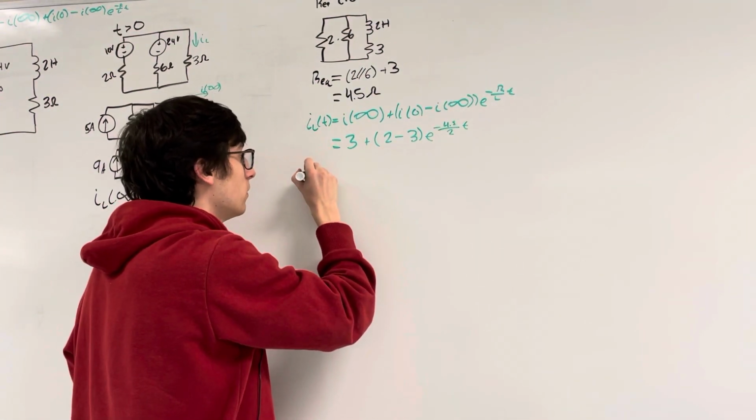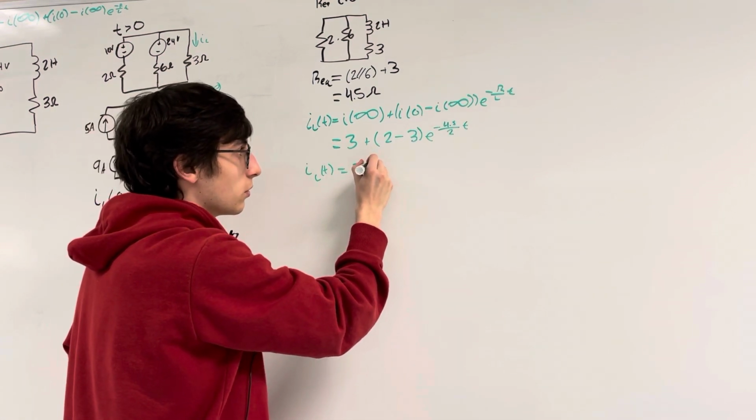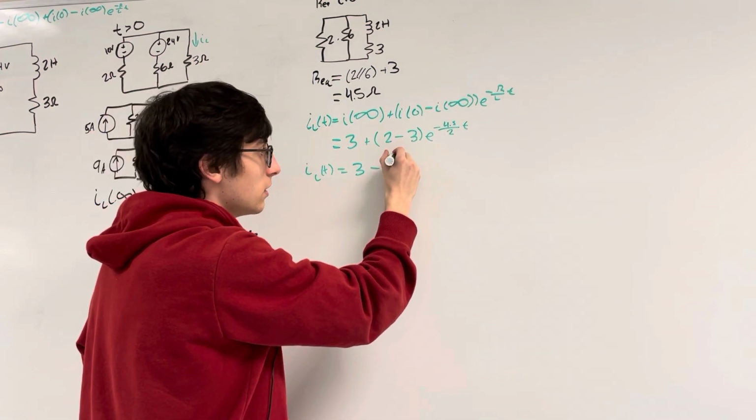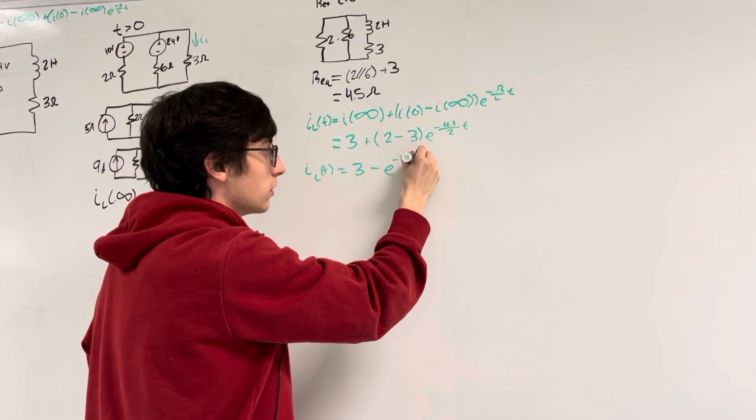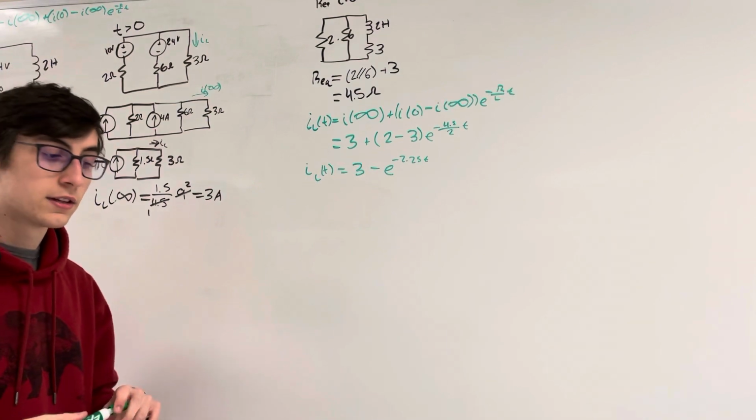So our final IL of t is going to be equal to 3 minus e to the negative 2.25 t. All right, and that is step response.